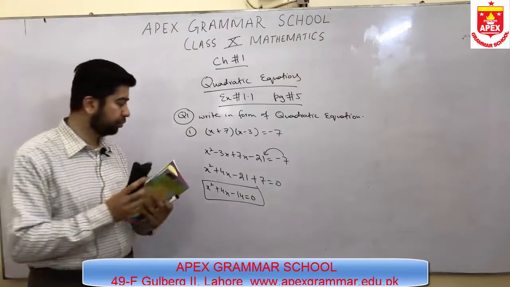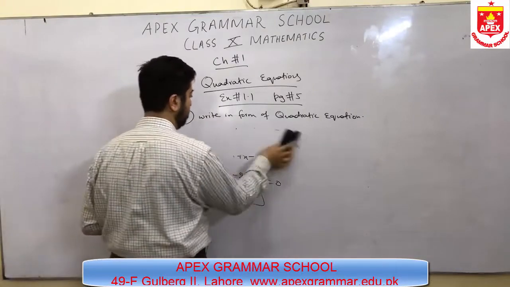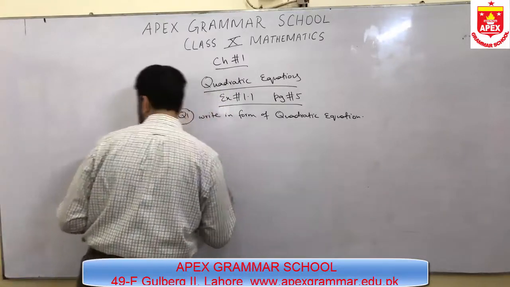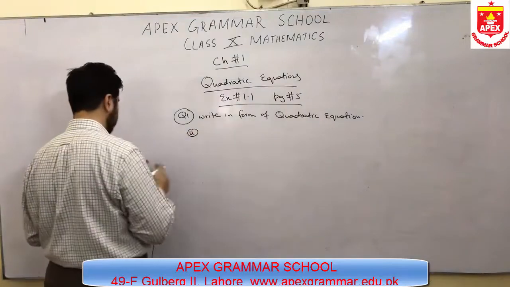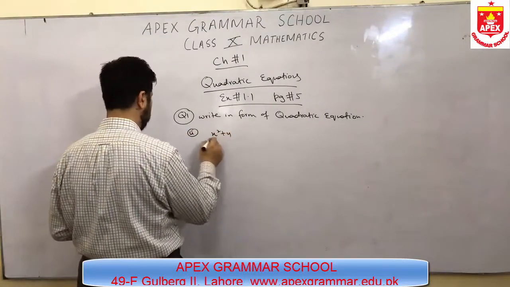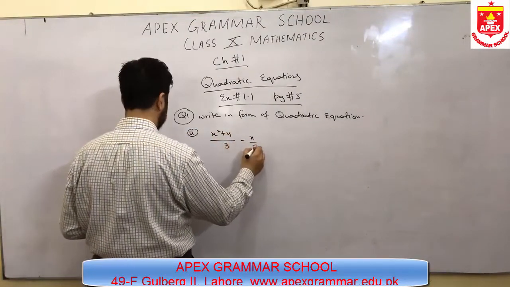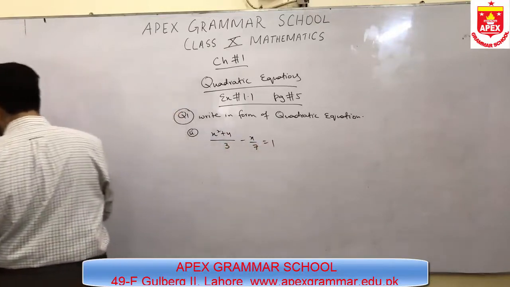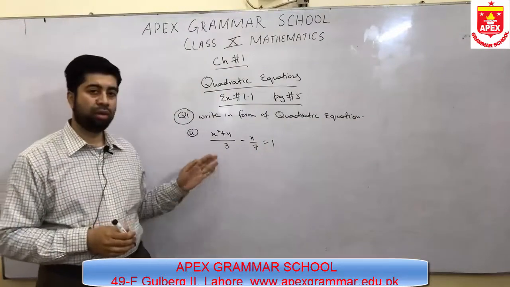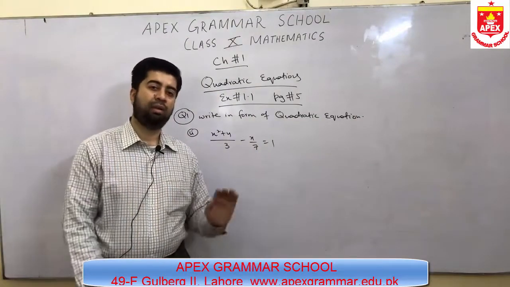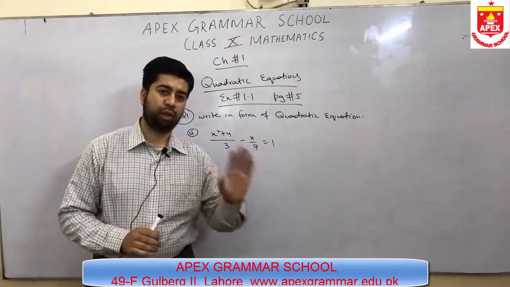After that, we will solve part 2 of question number 1. This is x square plus 4 divided by 3 minus x over 7 is equal to 1. For this question, you just have to simplify it and write it in the form of the general form of a quadratic equation.